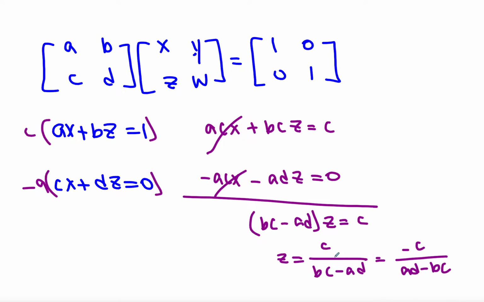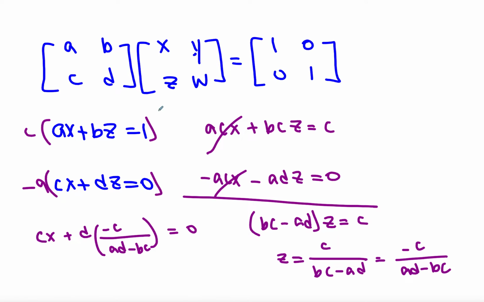Now, if Z is this way, then how would you find out what X is equal to? I can put that into this equation. So I realize that CX plus DZ, where Z is equal to negative C over AD minus BC, equals 0.